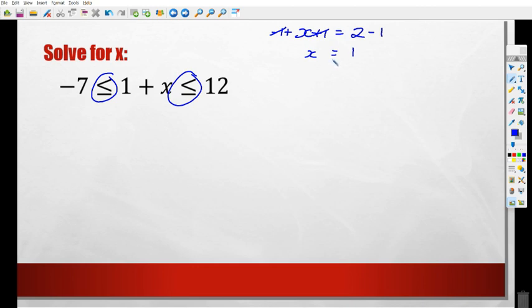Now this is where that is going to be important. You see, I'm looking out for you guys. I know these things. I'm a teacher. So now let's see. I've got a positive 1 here, and a positive 1 here. I want to get rid of this positive 1. How do I get rid of a plus 1?